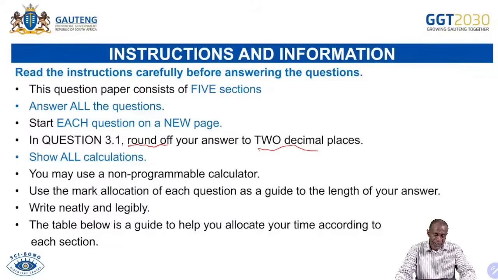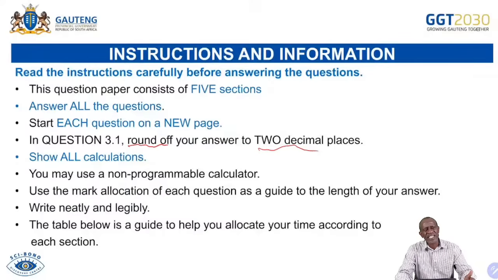Bullet number 8, it says use the mark allocation of each question as a guide to the length of your answer. Grade 12 learners, when you are given a question, please refer to the mark allocation as well. They may say give advantages of hosting a world event in your country, and they allocate it 6 marks.